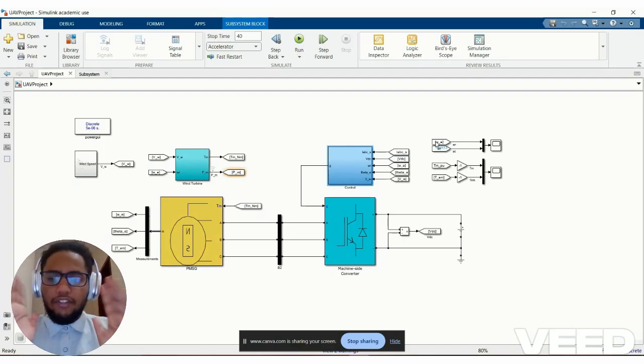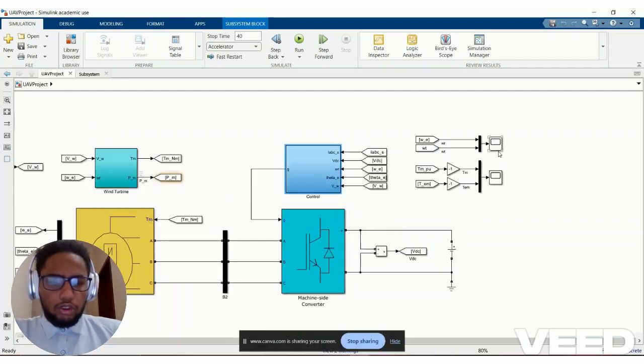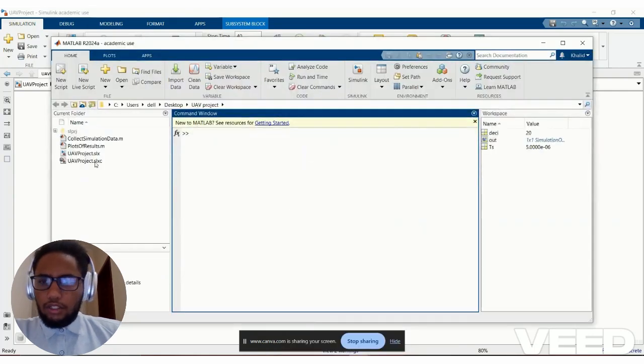Okay, now we have finished the compiling, and now let us go and see the result. The results shall show here, as you can see, but let us run it together.